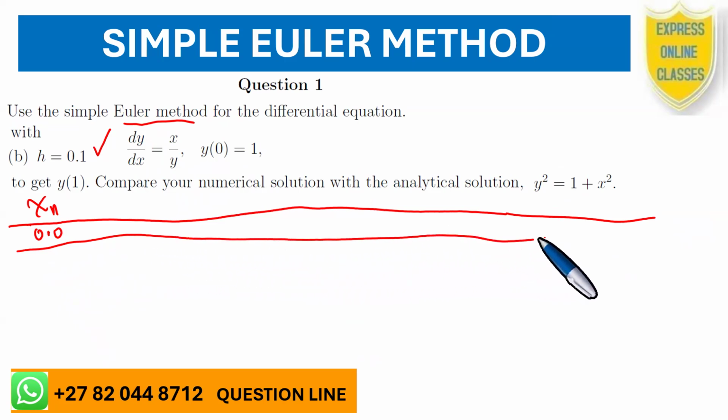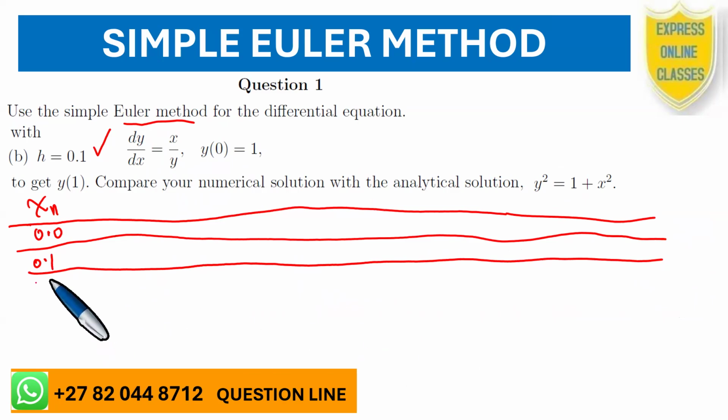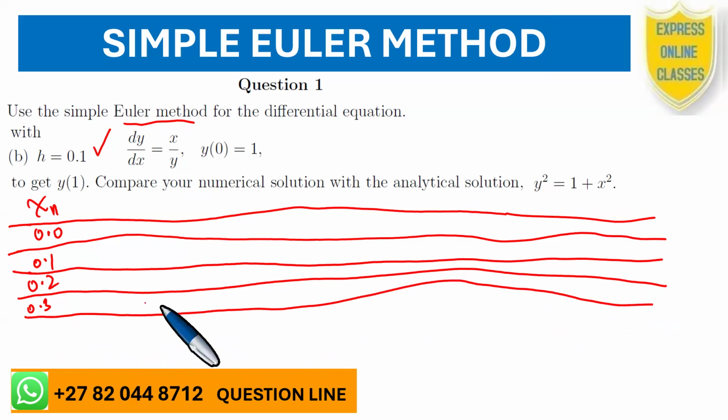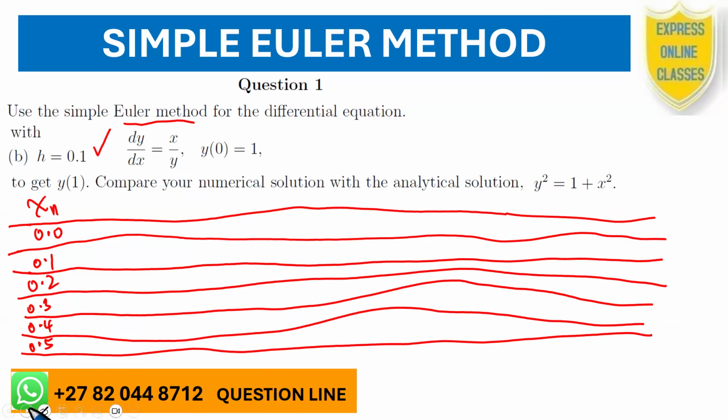And we do the next one, which is 0.1, 0.2, 0.3, 0.4, 0.5. Yeah, we're going to do this one in 2 stages.